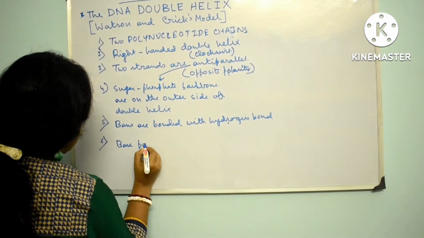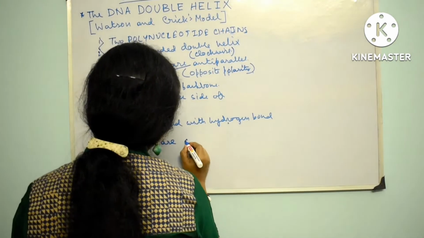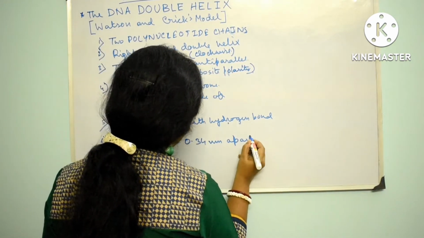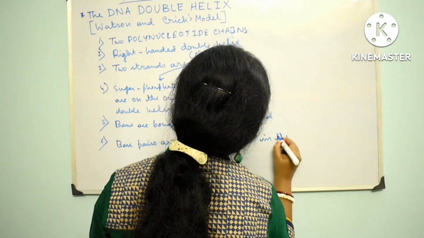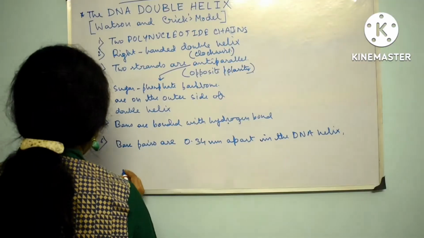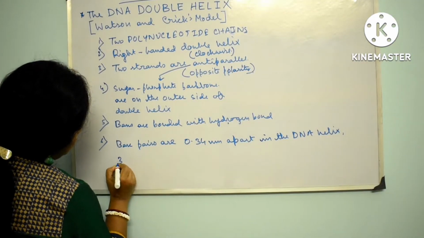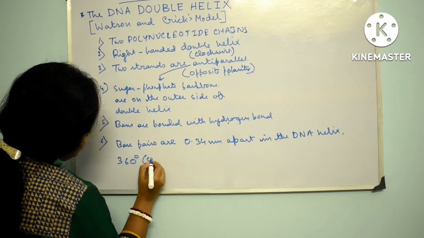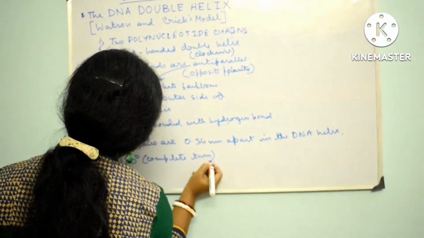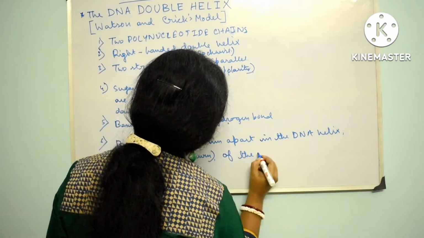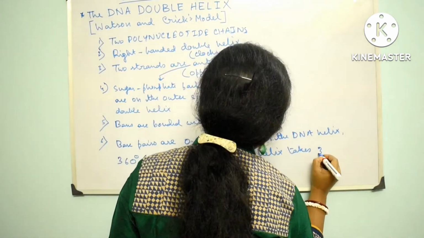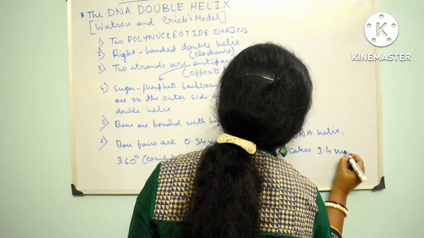The base pairs are 0.34 nm apart in the DNA helix. A complete turn, a 360-degree turn of the helix, takes 3.4 nanometers.